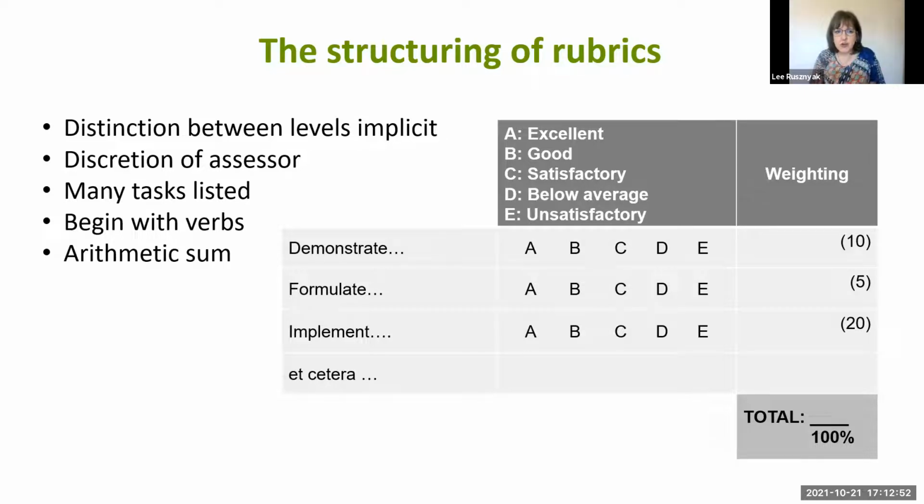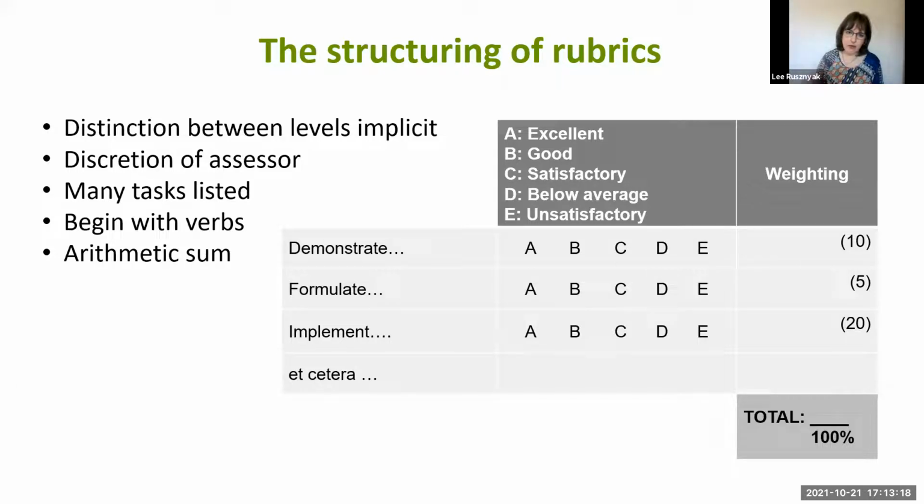The discretion of the assessor is there to see how well he or she thinks that these tasks are being done. Many, many tasks are listed. There were more criteria of tasks in the rubrics that we felt gave a very strong message of the task-oriented teacher than any of the others.